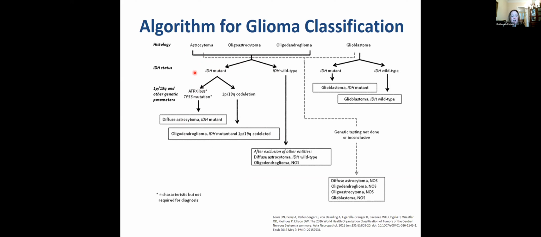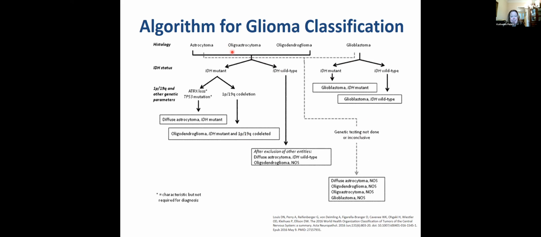Essentially you can have IDH mutant versus IDH wild type, and then further subdivided by whether they had a 1p19q chromosome deletion or p53 mutations, which would define whether you have an astrocytoma or an oligodendroglioma. So it's no longer just looking underneath the microscope, it's pushing to the next step, where you can do molecular analysis of these tumors. I'm not going to mention glioblastoma today, even though it's the most common.